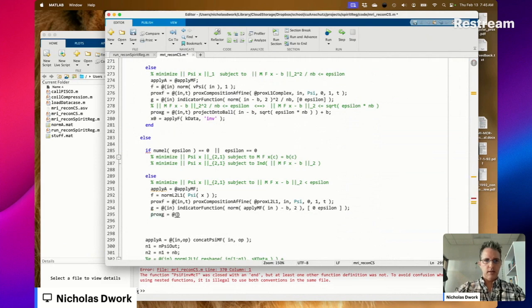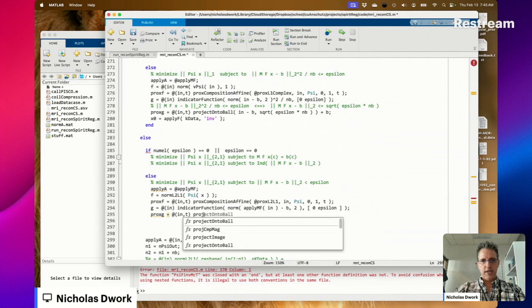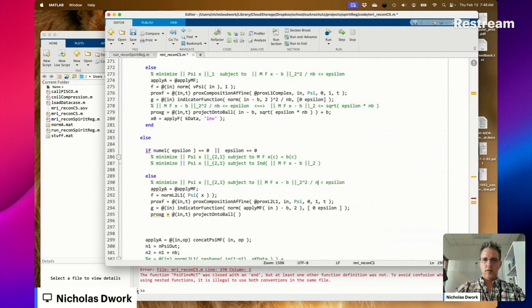Prox G, project. We're not doing apply MF because that's taken into account in A. Okay, so project onto the ball in minus b, let's not forget that one again.